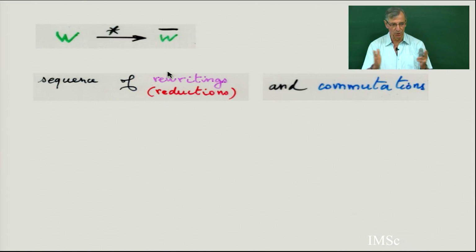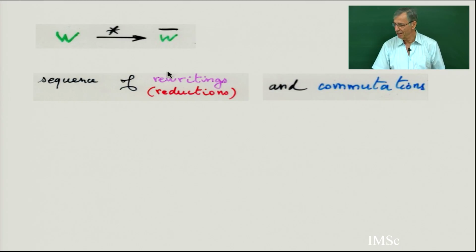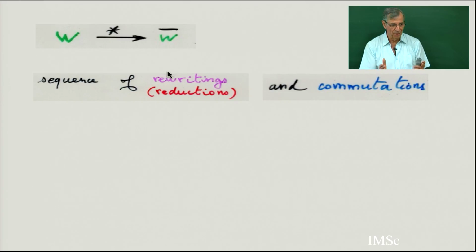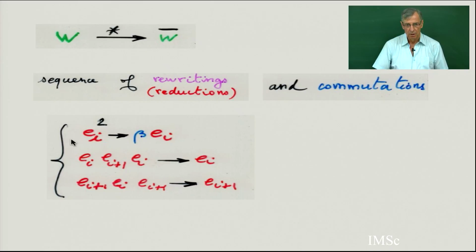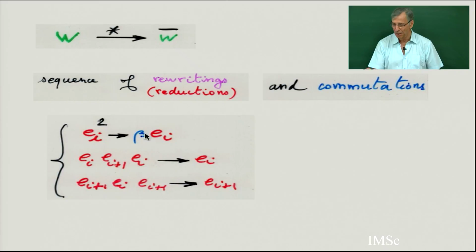As soon as you do the other relation, the second one, you decrease by 1. The braid relation, you decrease by 2. And maybe at the end you have a certain word which you cannot reduce anymore. It means that even if you do some commutation, you cannot reduce it anymore. So this is all the possible rewriting. When you do this rewriting, a beta appears, so you take account of the number of times you apply this rule beta.